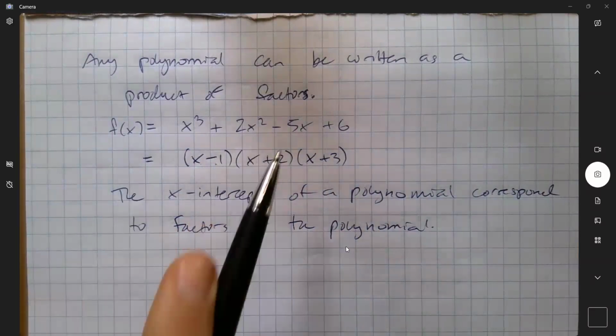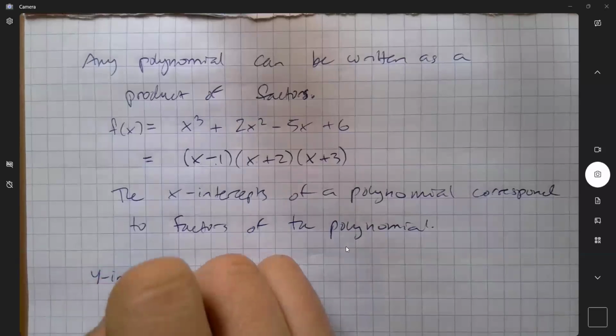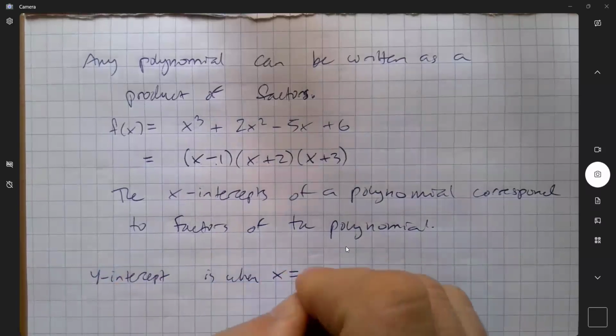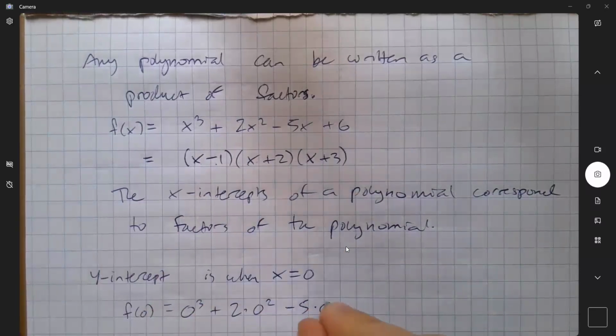Let's ask another question about this polynomial. Let's ask about the y-intercept. Well, the y-intercept is when x equals 0. And with the polynomial, it's super easy to figure out what that number is, because f of 0, I'm going to use the same polynomial, 0 cubed plus 2 times 0 squared minus 5 times 0 plus 6.